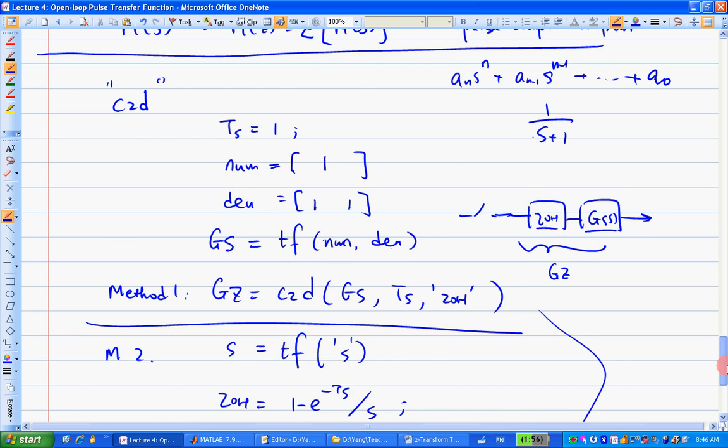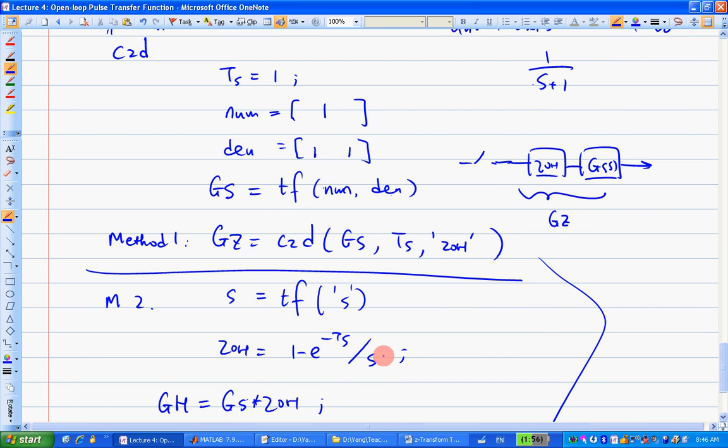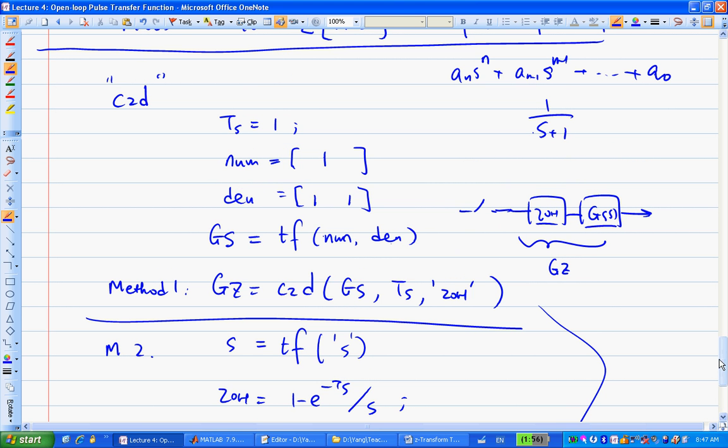Or you have to define it. Oh, you mean is there a defined function for zero order hold in MATLAB? I don't know. Yeah, MATLAB knows zero order hold, so this is what C2D here will do. If you specify the zero order hold here, MATLAB will do it for you, basically.